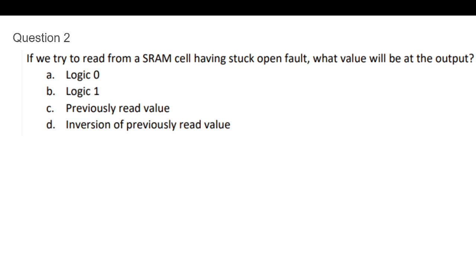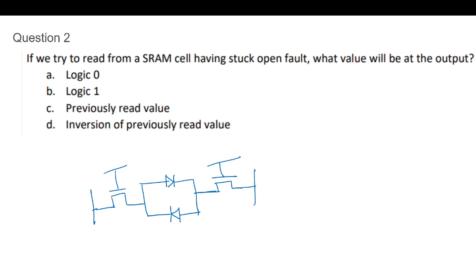Next question. If we try to read from an SRAM cell having a stuck open fault, what will be the value at the output? So if we consider an SRAM cell, it consists of back-to-back inverters with two access transistors. This is the 6T SRAM cell, which is connected to the bit line, word line, and bit line bar.